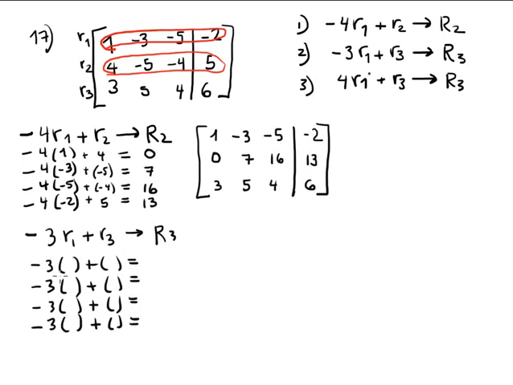I copy the elements in row 1: 1, -3, -5, -2. In row 3 is 3, 5, 4, and 6. This is 0 again.